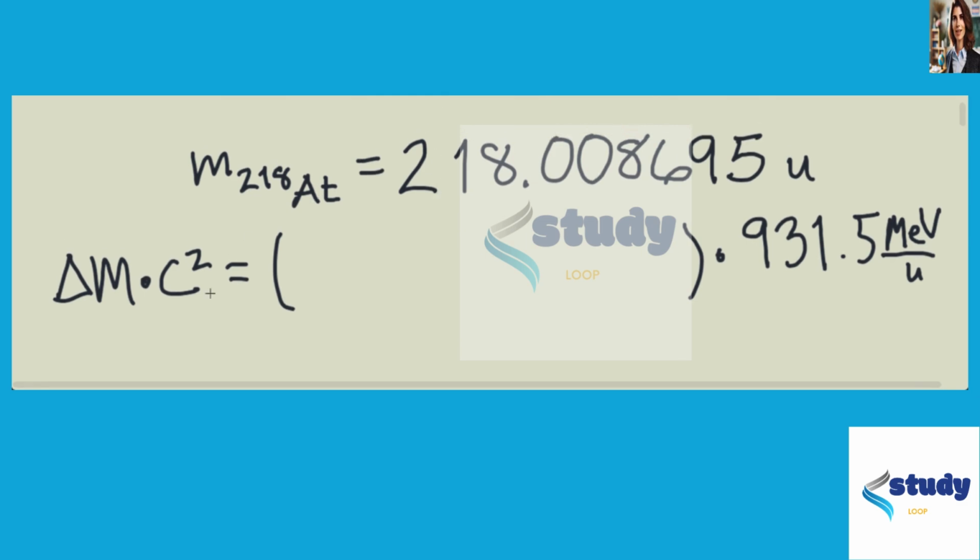So we can write out our difference equation here in order to find the energy. It's going to be a mass difference times our energy conversion factor of 931.5 mega electron volts per atomic mass unit. So symbolically, we have 218 for polonium minus the 218 of astatine.